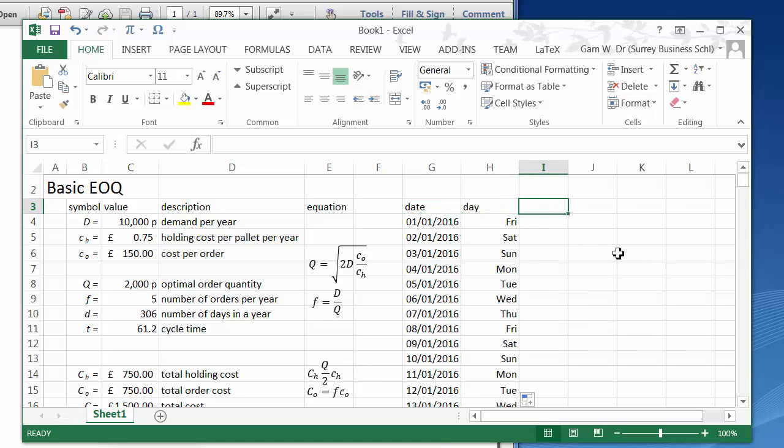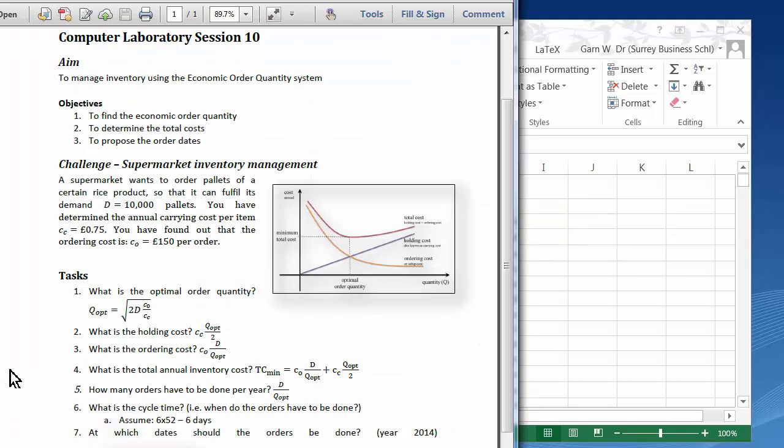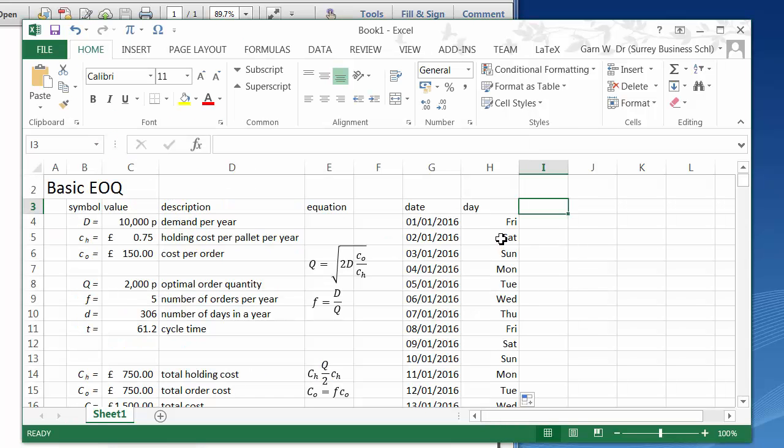And we would like to know when to make an order. So in our specification we said we only work 6 days in a week, and we only work on weekdays, not on Sundays. So we would like to know the number of such a day.